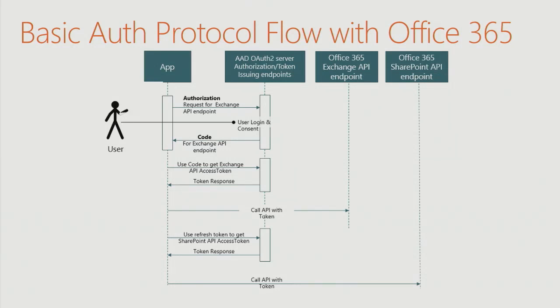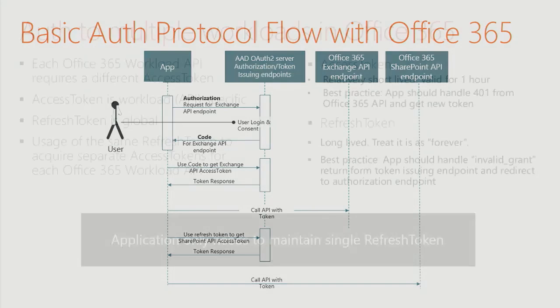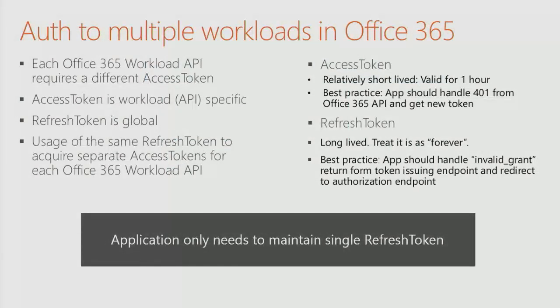That is a slight nuance in this OAuth flow: you can use one single refresh token, acquired in the authorization request together with a combined consent that has all the permissions, SharePoint, Exchange, and then use this refresh token to go back to the token issuing endpoint to get these additional access tokens.